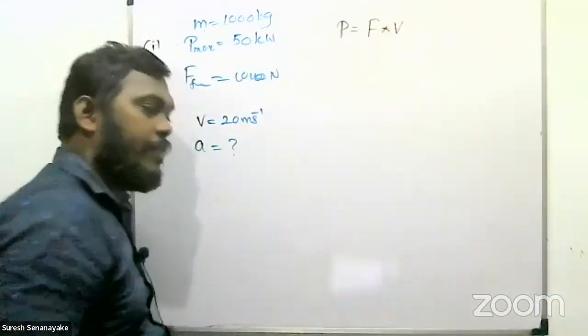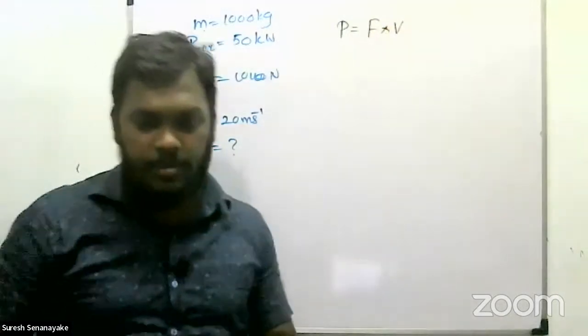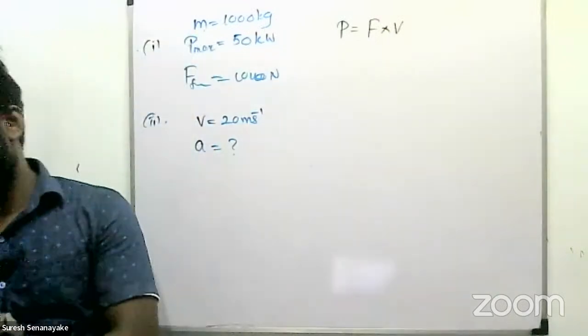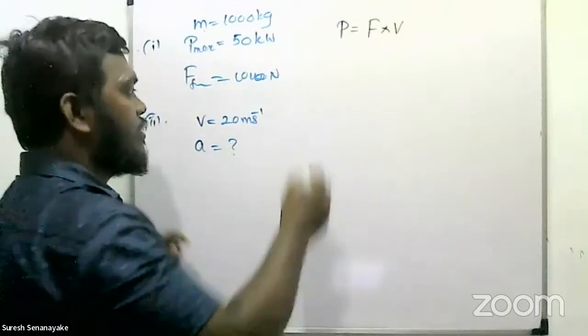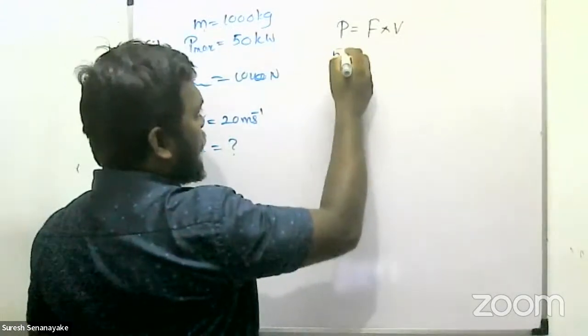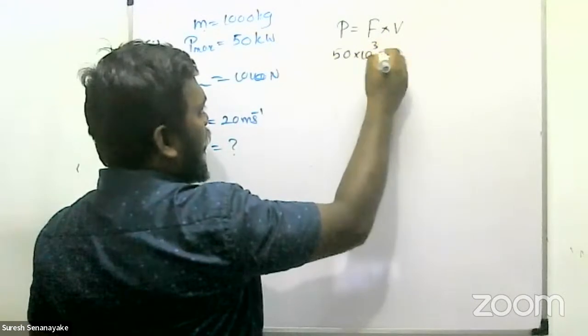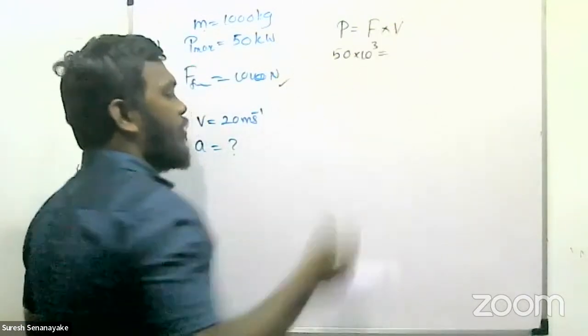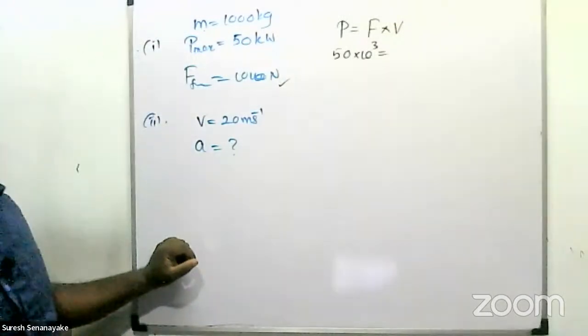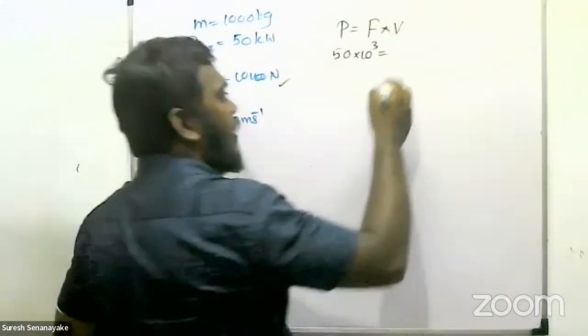If it is moving with constant velocity, that's maximum constant velocity, then the power applied by the engine equals the friction. So the maximum power is 50 kilowatts, and the friction you can consider equals the force given by the engine, because it's working with the maximum power and maximum velocity.